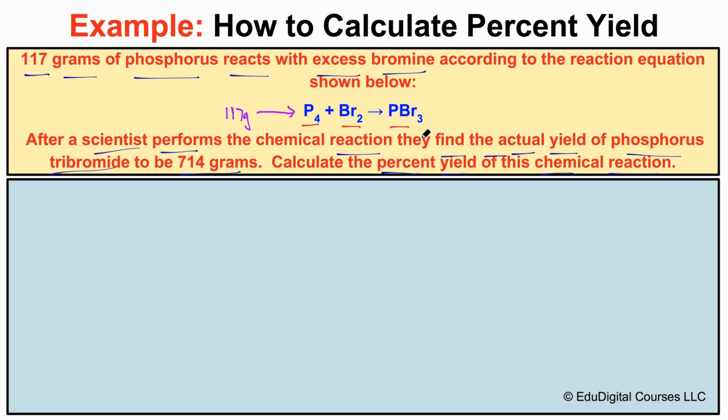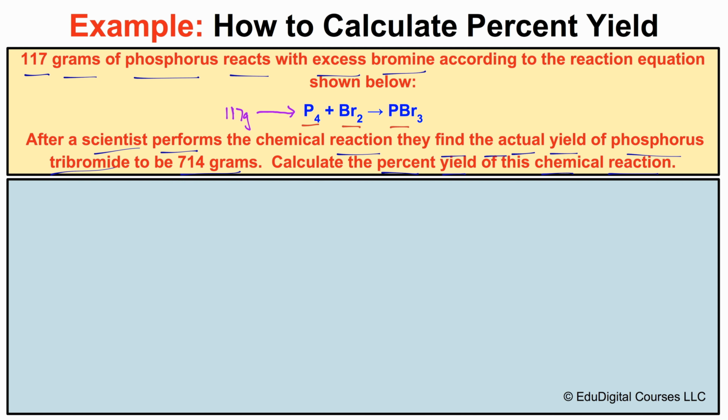What we're asked to determine is the percent yield of this chemical reaction. We also know that the scientists performed this chemical reaction in the laboratory, and they figured out that 714 grams of phosphorus tribromide was formed.